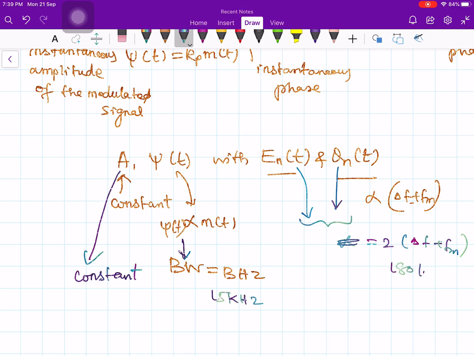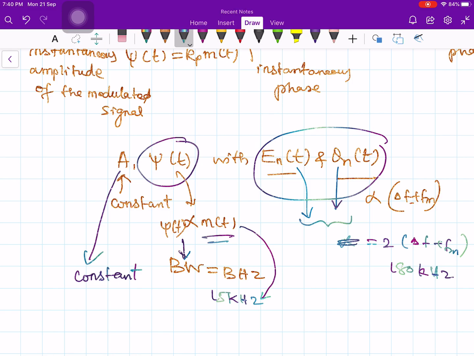So who is varying at a much faster rate? My noise component is varying at a very fast rate. Therefore, the noise component En of t and theta n of t will vary much more rapidly than your psi of t, because psi of t is directly proportional to m of t and m of t has the bandwidth of 15 kilohertz. So this is the important point we need to understand.